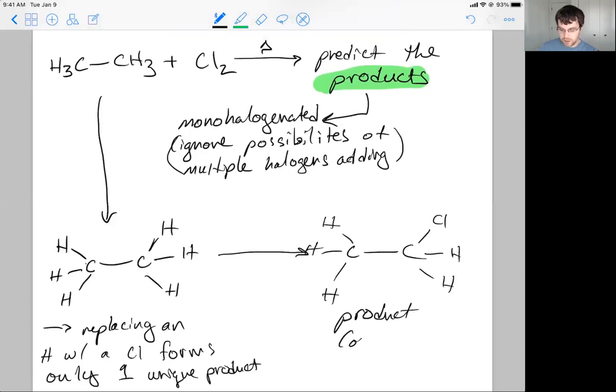In this particular example, it's the only product. If we would have put the chlorine atom at any other hydrogen position, this might take some rolling around to prove to yourself, but we actually would only form one product.